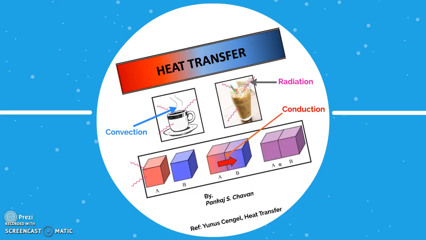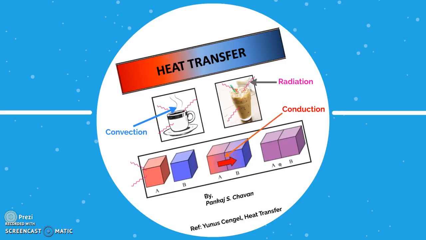So from this we can conclude that there is a transfer of energy from the higher temperature medium to the lower temperature medium, and hence heat is known as a form of energy which is in transit, because this is nothing but energy which is getting transferred from one region to another region, from one medium to another medium.